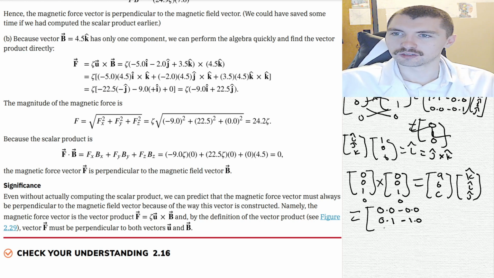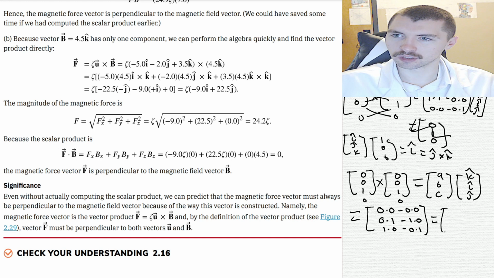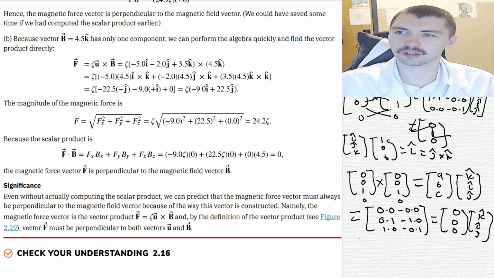Okay, and then 1 times 0 minus 0 times 1. So this is obviously 0, 0, 0. And we can rewrite this just for clarity's sake.